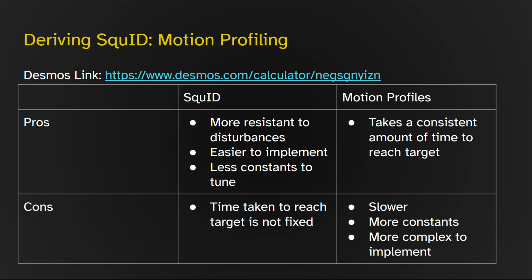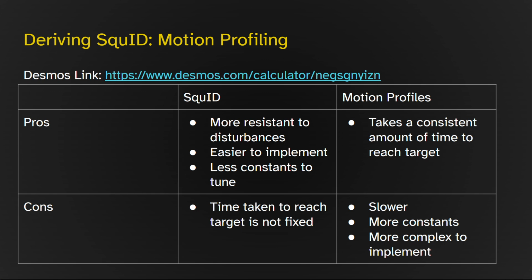The only downside of SquID is that motion profiles follow this thing called time consistency, which means that the amount of time taken by an action is generally consistent. And SquID doesn't really follow this because it doesn't use the time-based system that motion profiles do.